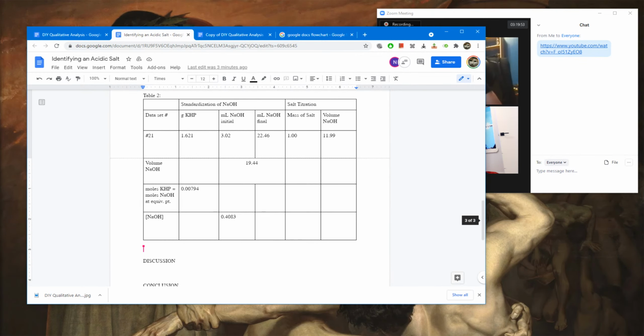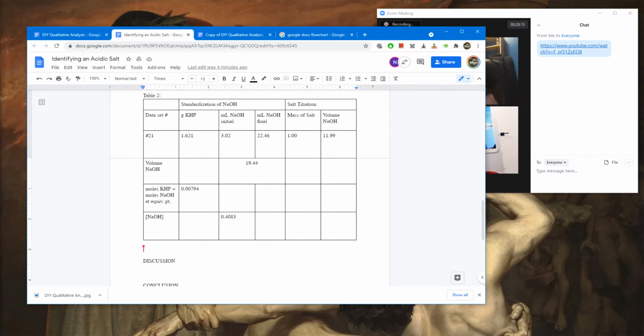So the concentration of, okay, it's that.